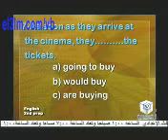Let's see the options we have. Going to buy, would buy, are buying, or are going to buy. Which one consists of verb to be in the present plus verb plus ing? Yes, number D. They are going to buy tickets.